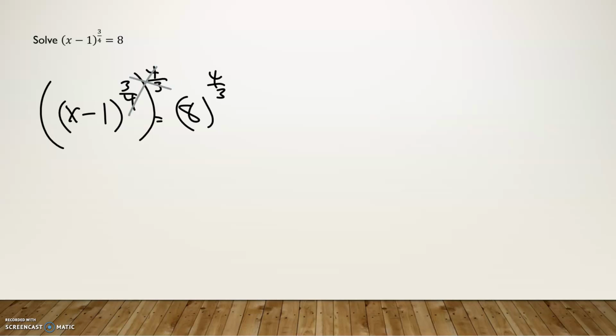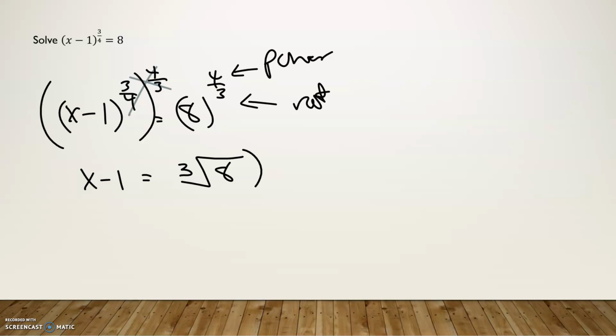Okay, so this fraction goes away. Now I have x minus 1 equals 8, and we'll go ahead and write the cube. So this is the power, this is the root, so we have the cube root of 8 raised to 4.